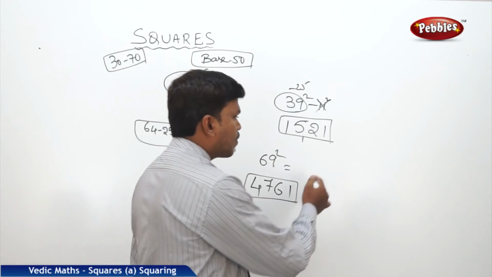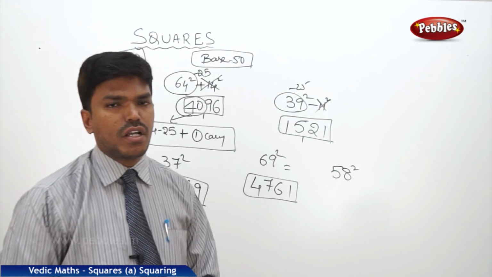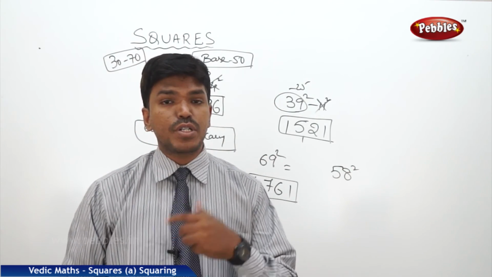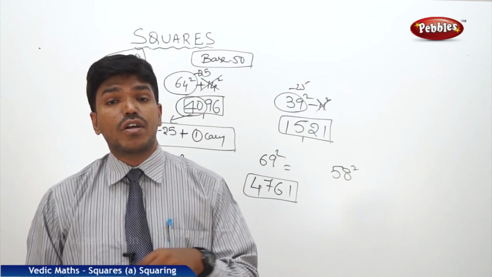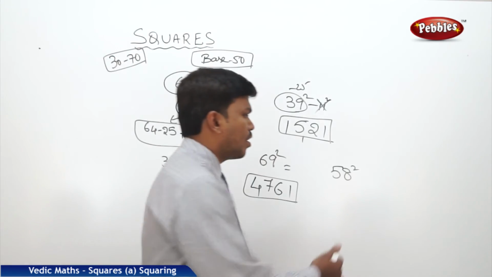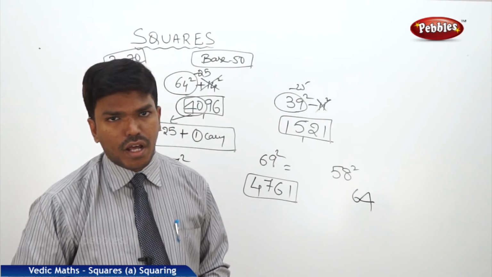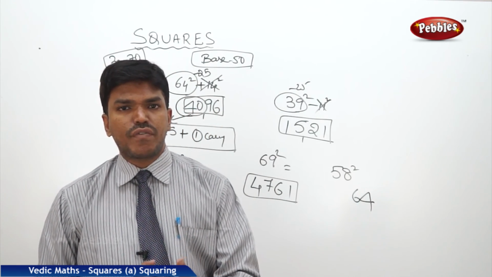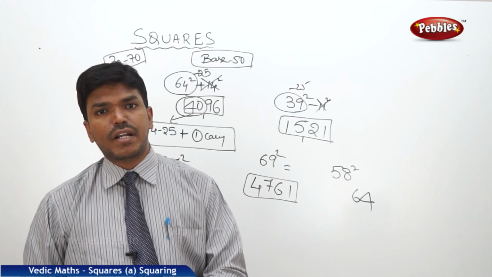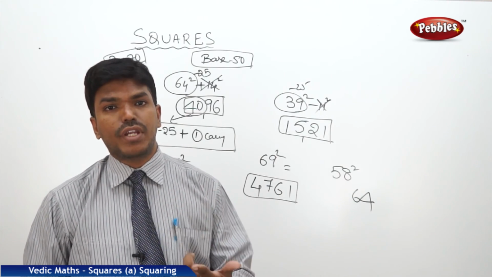Suppose you need to find the square of 58. Compare with base 50. Is it more or less? It is more. How much more? 8. What is 8 square? 64. This time there's no carrying, simply drop 64. Now to get the left side part, subtract 25 from 58. The answer is 33.